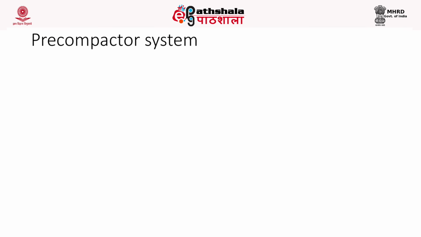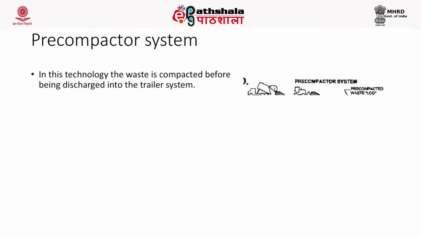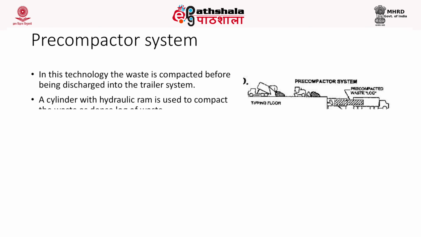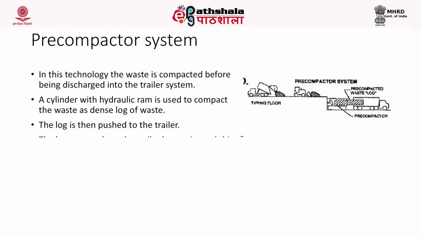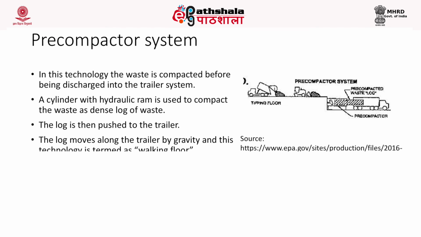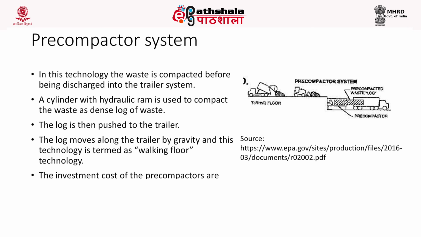The next type is a pre-compactor system. In this technology, the waste is compacted before being discharged into the trailer system. A cylinder with hydraulic ram is used to compact the waste into a dense log of waste. The log is then pushed into the trailer and the log slowly moves along the trailer by gravity, and this technology is generally termed a walking flow technology.